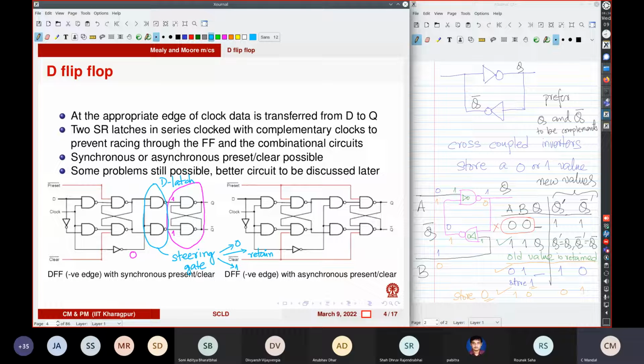Now, what you see here is that both of these, the black part, are essentially the same circuits. You have essentially the same circuits here, but you have an inverter here. So this is kind of a logic gate arrangement.